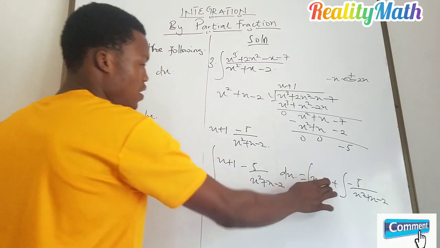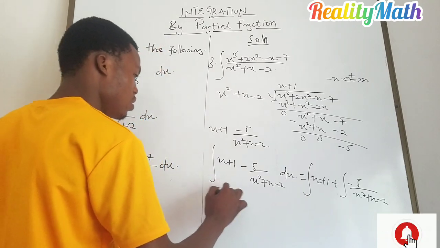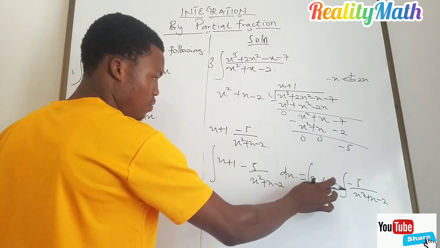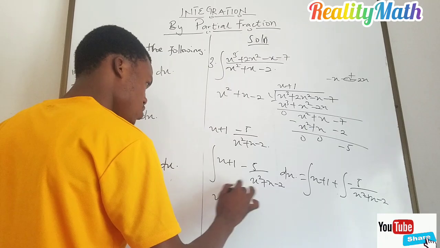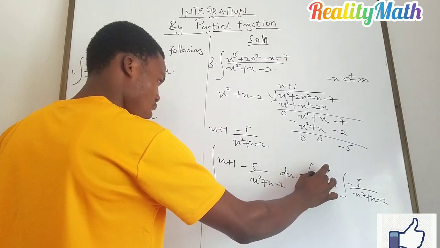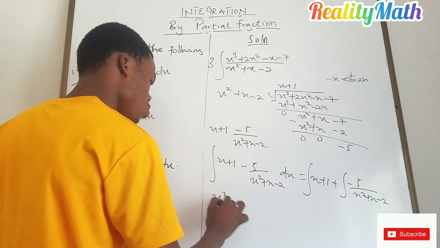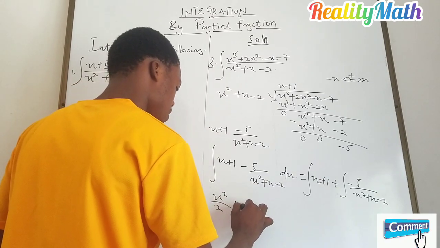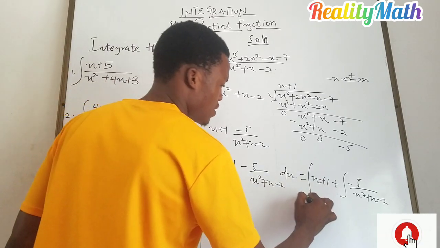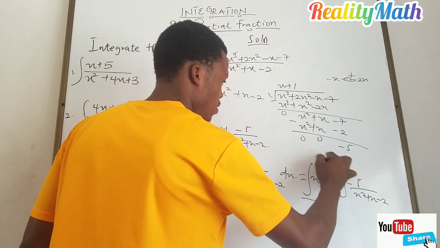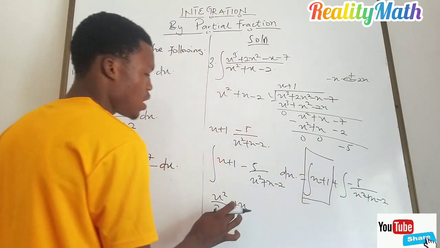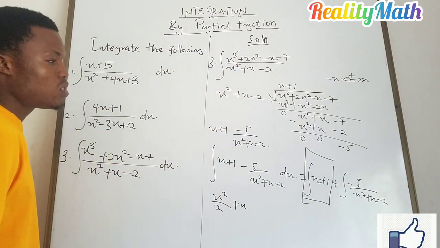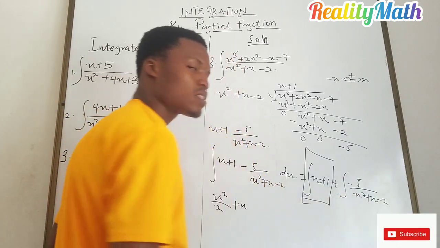So when we integrate this, we know this, guys. This is going to be x squared, 1 plus 1, that is going to be 2, all over 2, and the integral of 1 gives just plus x. So when I integrate this guy here, this is what I'm getting. So I'd have to put it to one side and then focus on these guys.